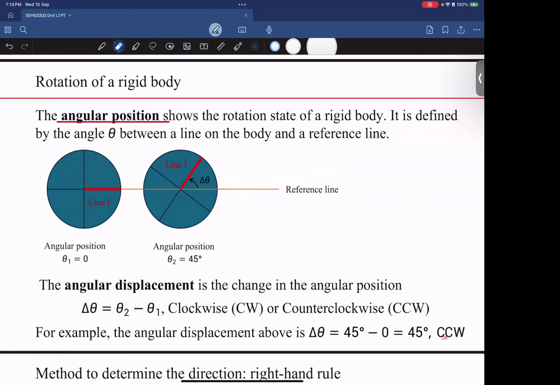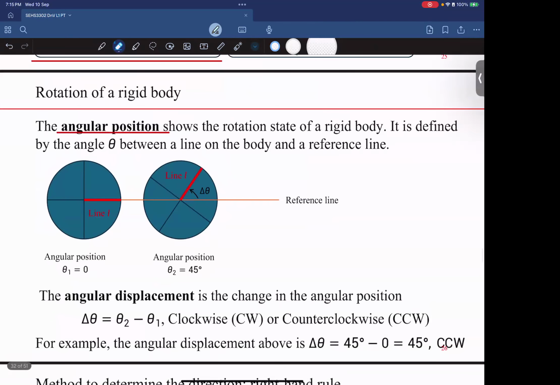We take it as an axis of rotation. And the axis of rotation is everywhere, for example, our Earth. As the Earth has a rotation, we can also find the axis throughout the Earth as the axis of rotation.